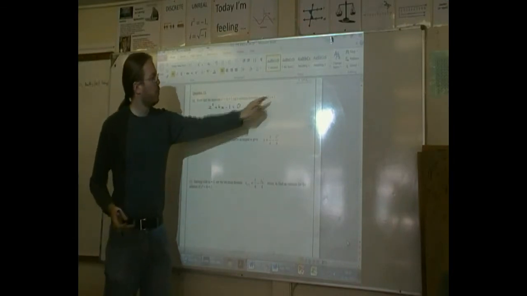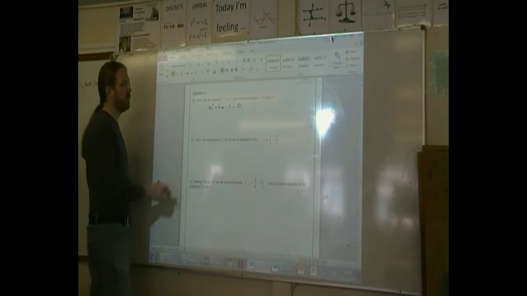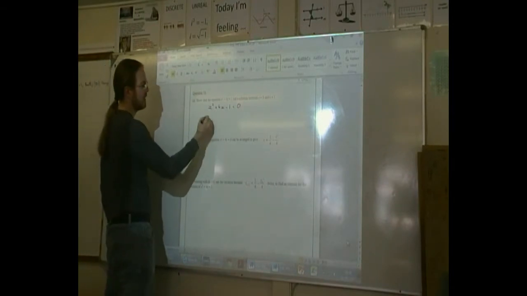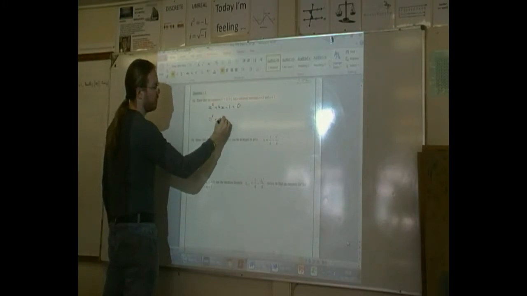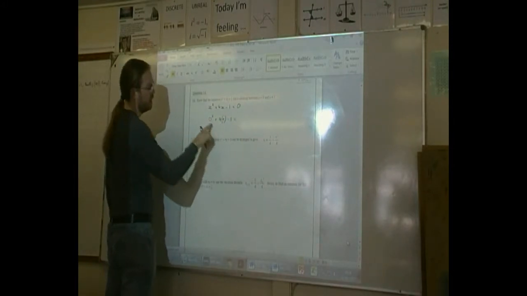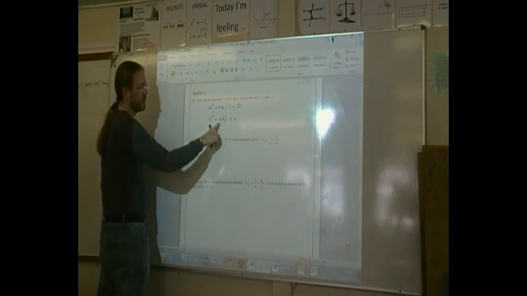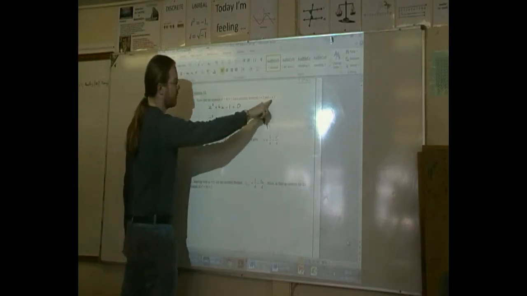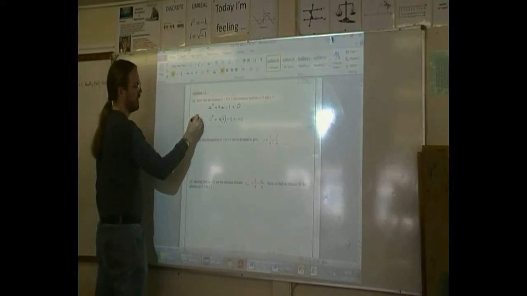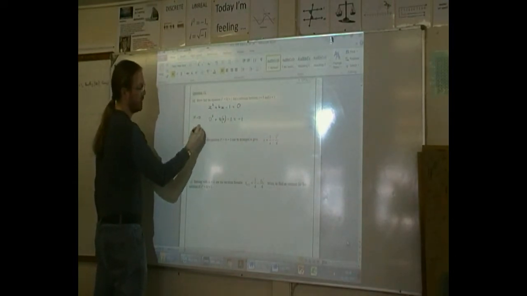There's a solution between 0 and 1. Well, what would happen if x was 0? If x was 0, we'd have 0 cubed plus 4 lots of 0, take away 1, and that would be 0, take away 1, minus 1. And what would happen if x was 1?